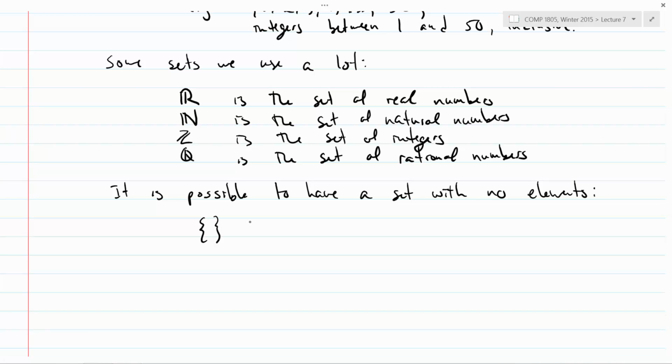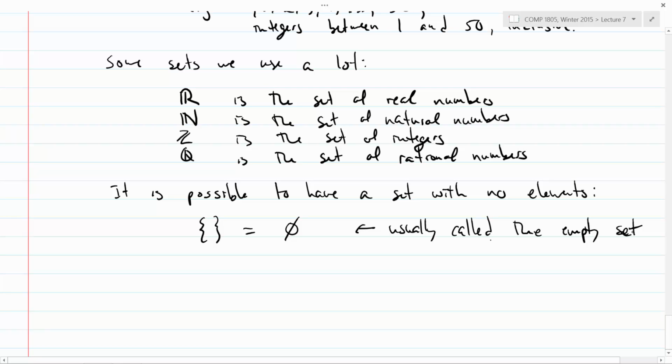It's somewhat common, so we also denote it like this, an O with a slash through it. It's usually called the empty set and denoted that way.